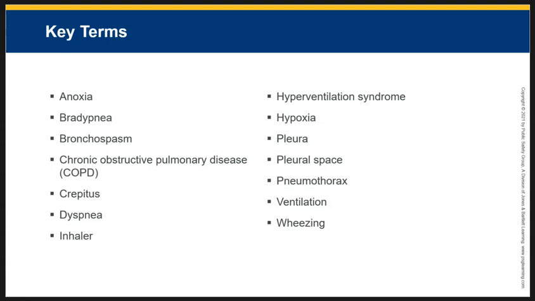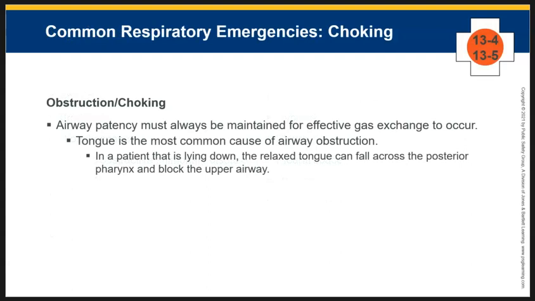So some key terms that we encounter through this video will be highlighted in red. One of the most urgent emergencies that we may encounter is choking or airway obstruction. The tongue is the most common cause of airway obstruction, and so we see this as part of our primary assessment, ensuring airway patency, and our methods for reducing the obstruction in the airway can be head tilt, chin lift, or jaw thrust.